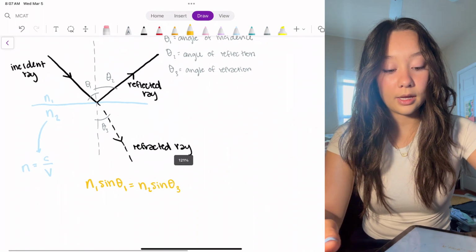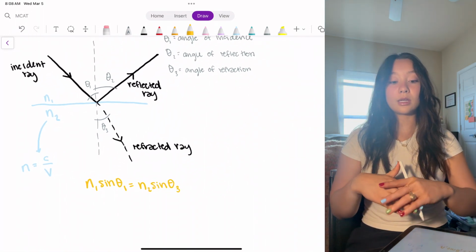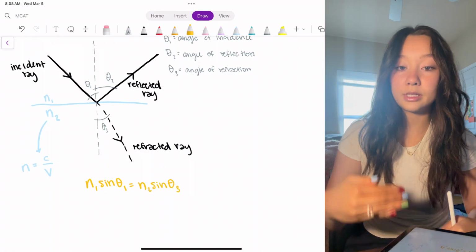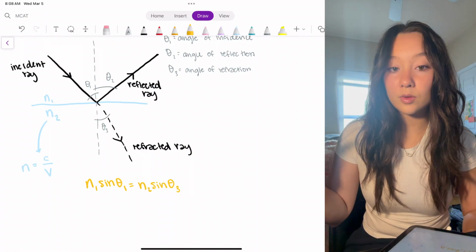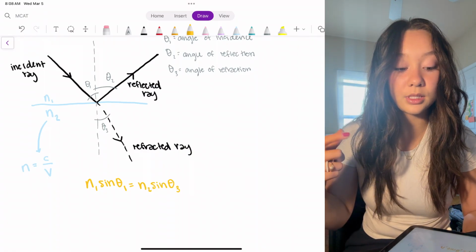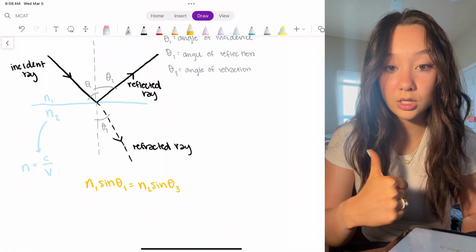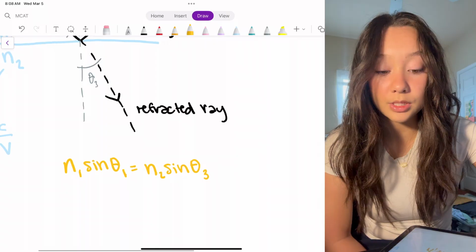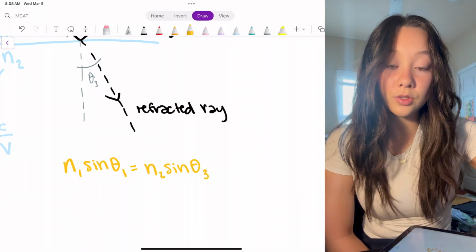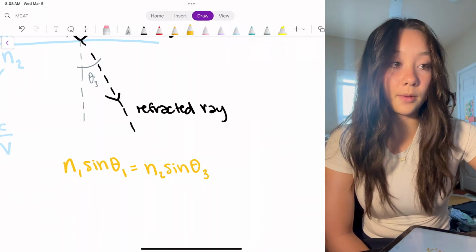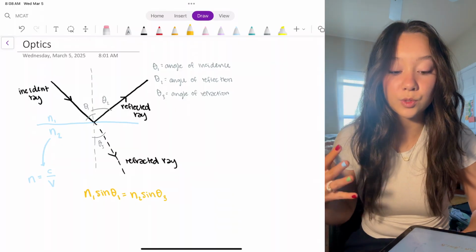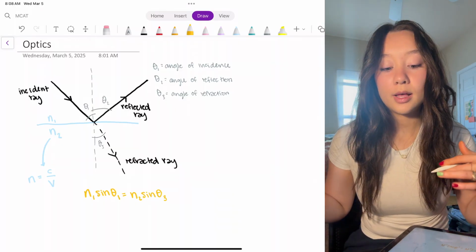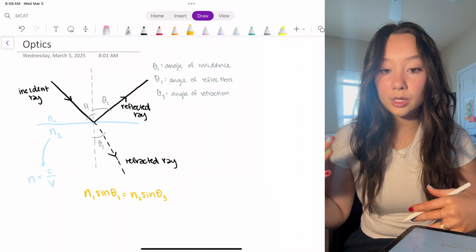So it's saying that the value of n for the first medium times the sine of the angle of incidence is going to be the same as the value of n for the second medium times the sine of the angle of refraction. So remember that this is theta 3, not theta 2. This is not the reflected ray, this is the refracted ray actually going into the medium.